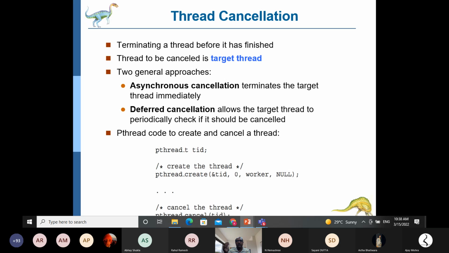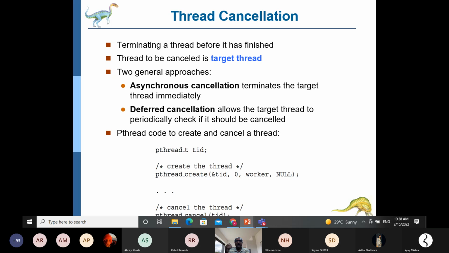So in the case of deferred cancellation, when you cancel the thread, you just inform the thread that the thread cancellation is enabled. After that, the thread will check the status of this cancellation from time to time at periodic intervals.